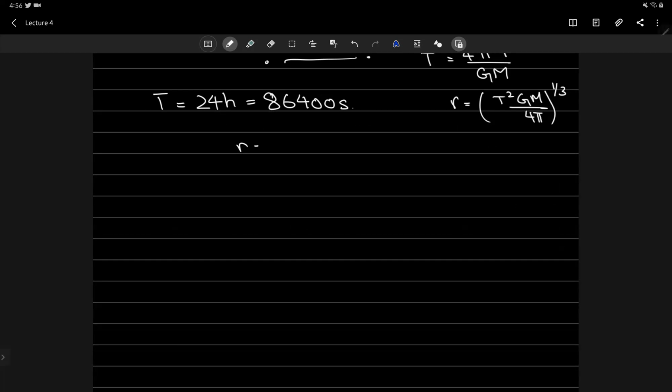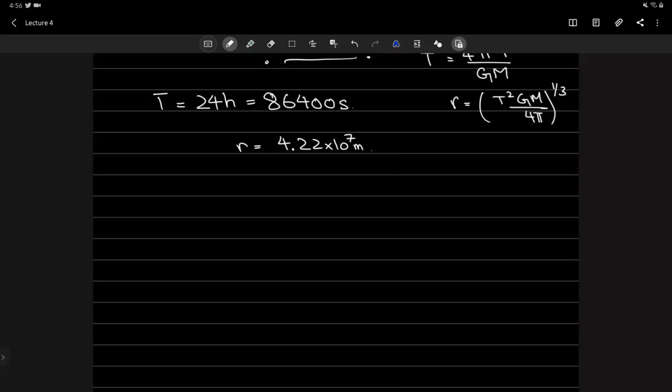So what you would get is r is equal to 4.22 times 10 to the power 7 meters.